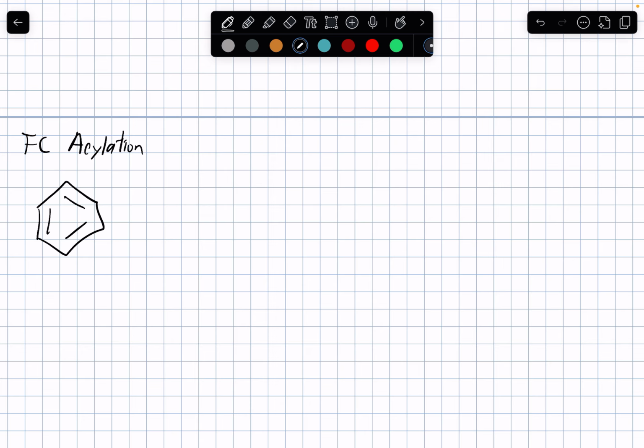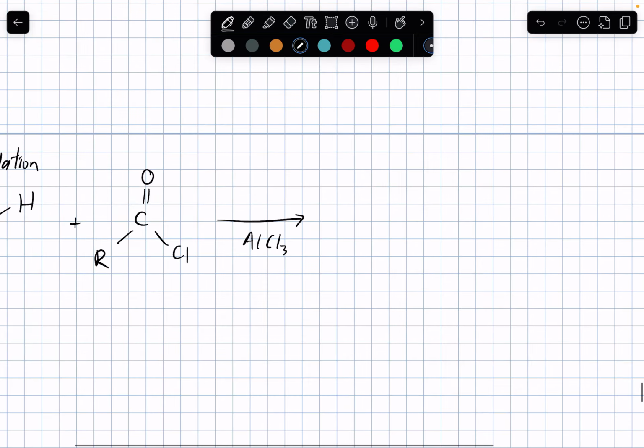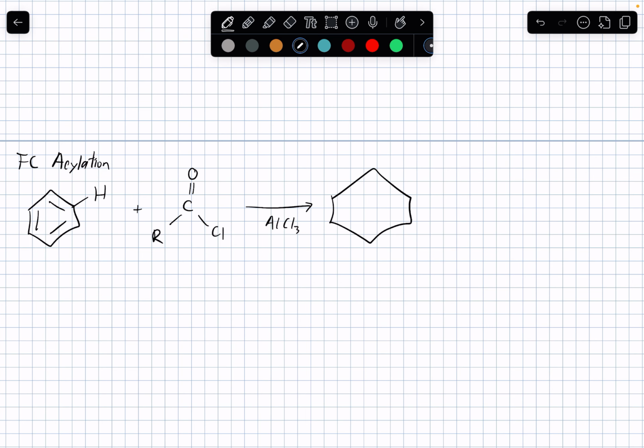Okay, let's make it a little faster. So you need an acid chloride, an acyl group rather, although it's the same thing in the context of what we're doing right now. So we basically attach it like this, like this, and then HCl is formed.